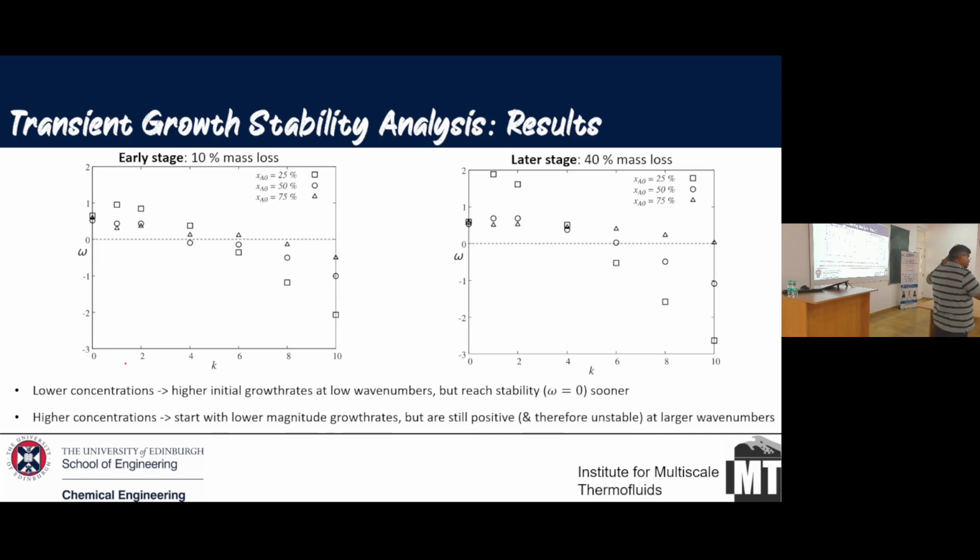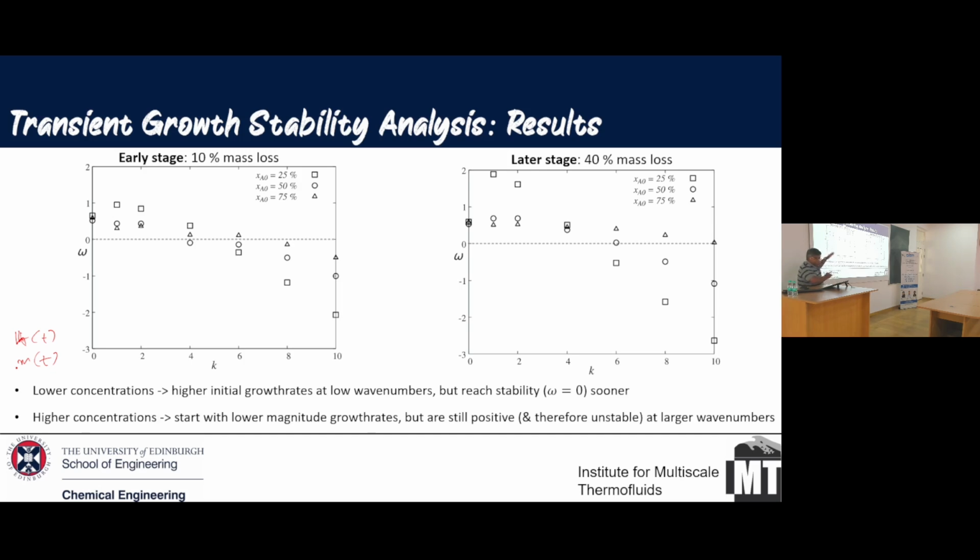For another mixture, there's almost a full droplet left. So what we do is we look at the percentage mass loss. Because we have calculated h with respect to t, we know the amount of mass left with respect to t. So when the mass left is about 90% of the original mass, we'll do the stability analysis.